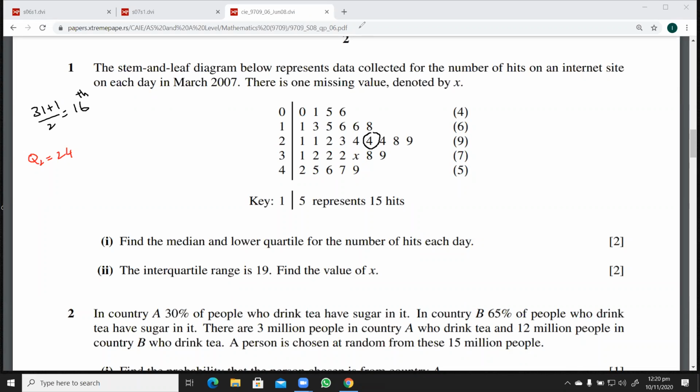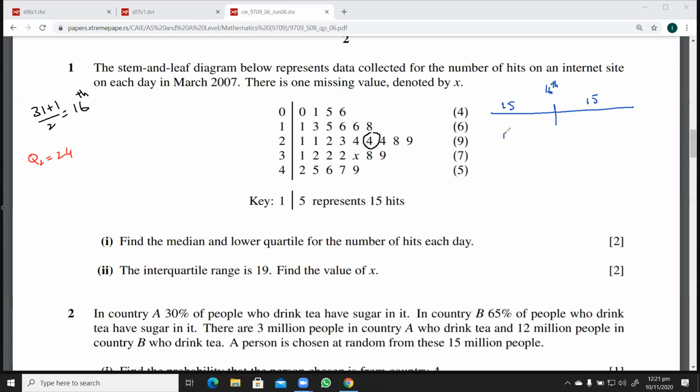So this 16 that you got, okay, that was right in the middle of this data, the 16th observation. So you have 15 observations before this and you have 15 observations after this. So if you find the median of the first 15 observations, that will be your lower quartile, okay?